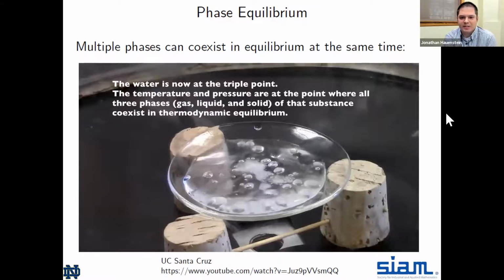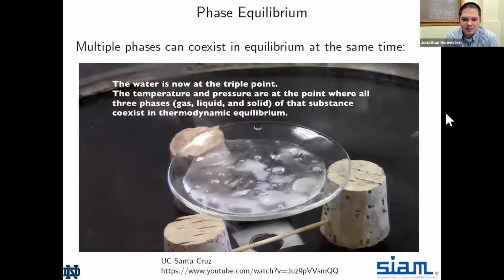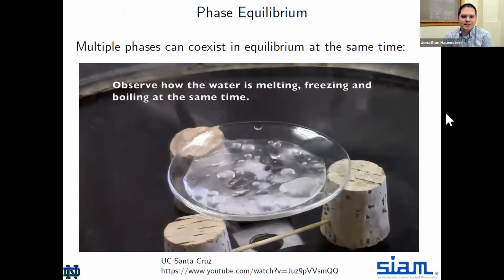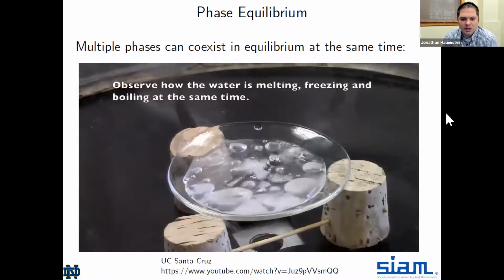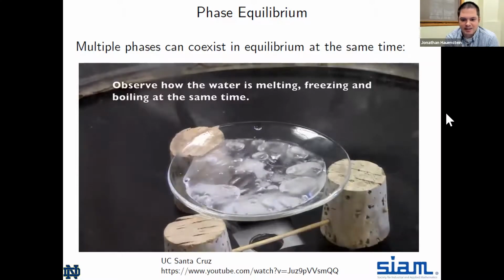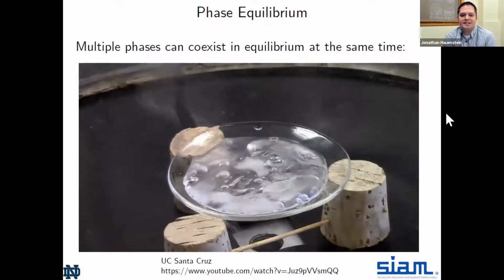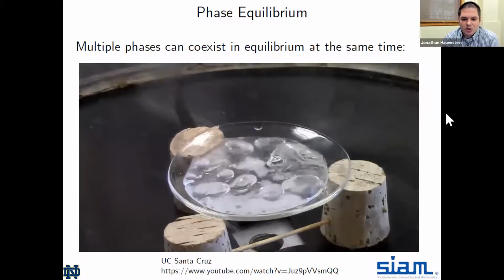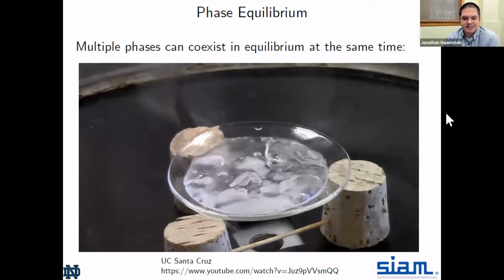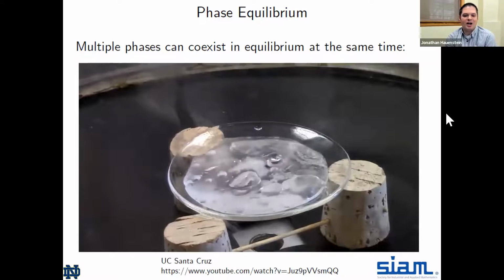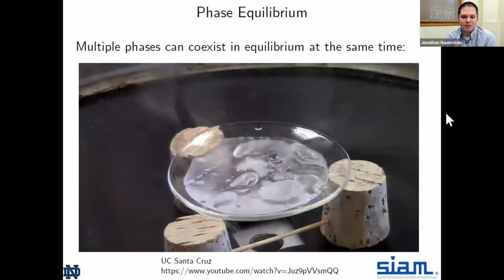For example, water has a triple point. At this point, you have liquid, solid, and vapor, and they exist in equilibrium. Here you see ice, water, as well as water vapor, all existing in equilibrium.